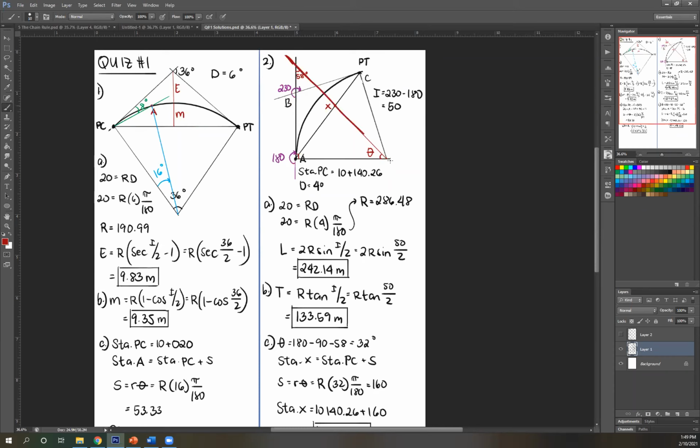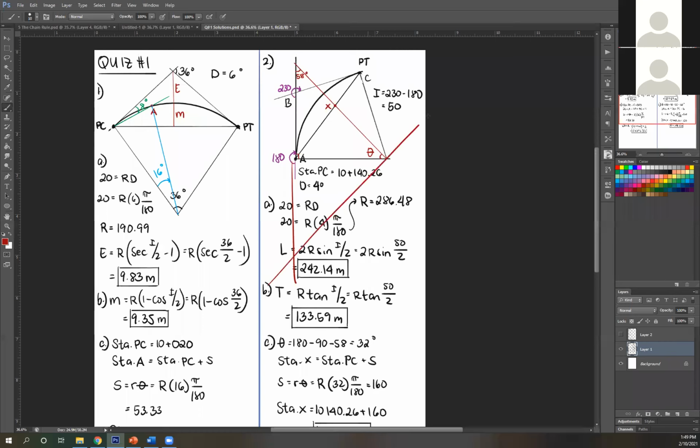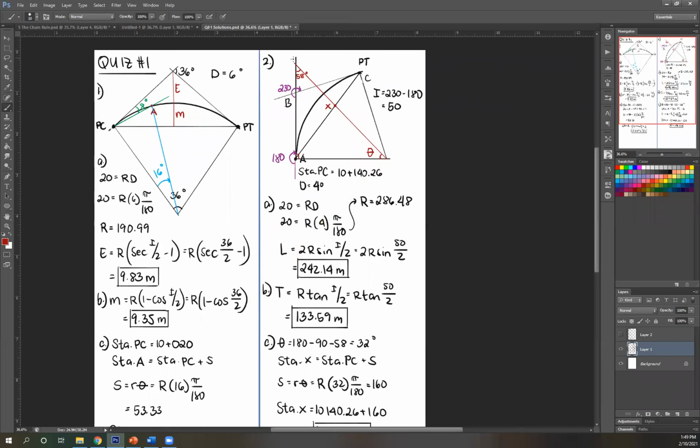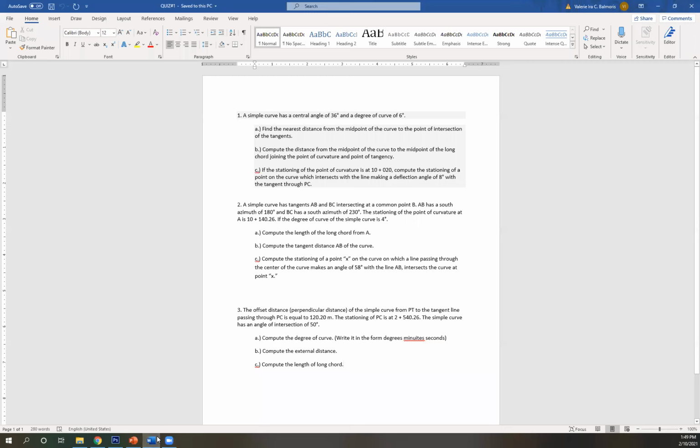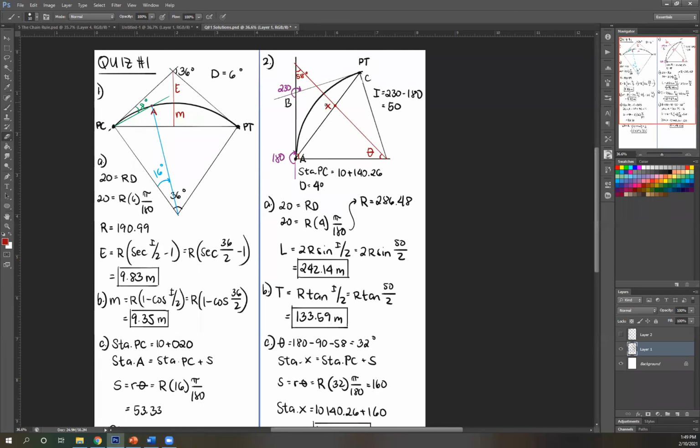So if I draw that, it's this line right here. I can draw it from this end, right? It could be this way maybe, but it's easier to draw it this way. So this is now your line. It makes an angle of 58. So this is your 58. Hits your long chord. Intersects the curve at point X. This should be your X.